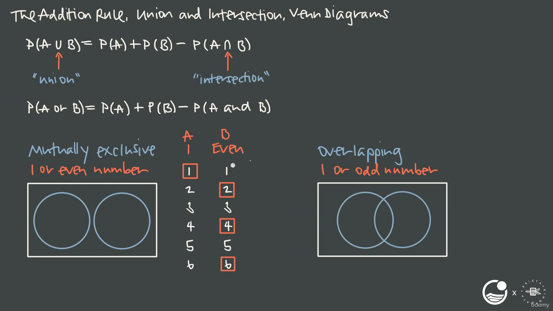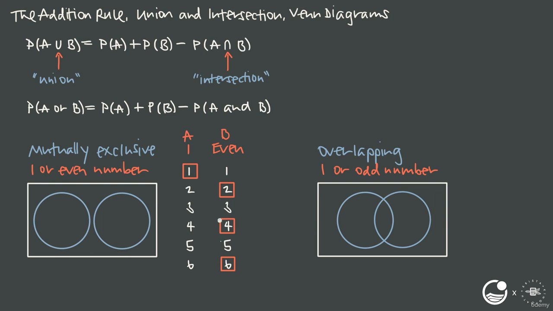What we want to realize here, then, is that events A and B are mutually exclusive because they have no overlap between them. There's no overlap between these sets 1 and then separately 2, 4, and 6. If we had 1 occurring in both sets, or 2 occurring in both sets, or 4 or 6, if we had any commonality between these two sets, then events A and B would be overlapping.